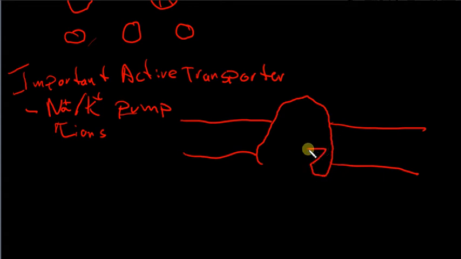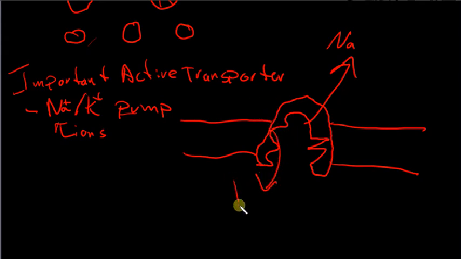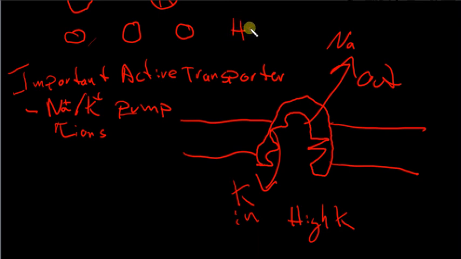And its job is to pump sodium this way out of your cell, and potassium into your cell, and keep the concentration of potassium high inside of your cell and the concentration of sodium high outside of your cell.